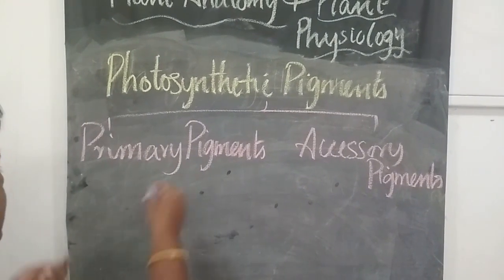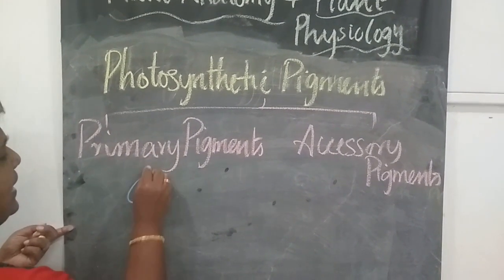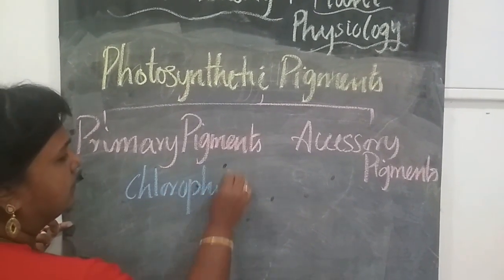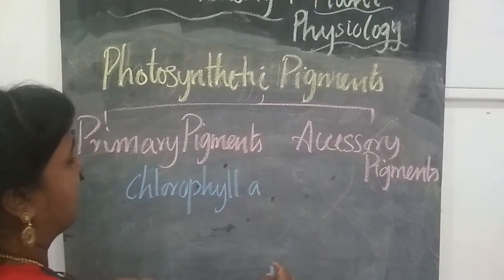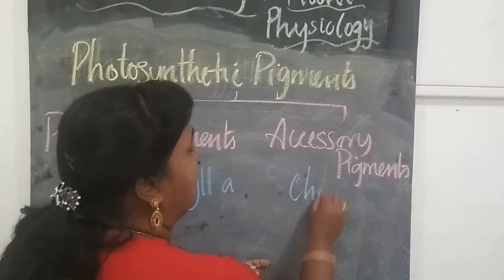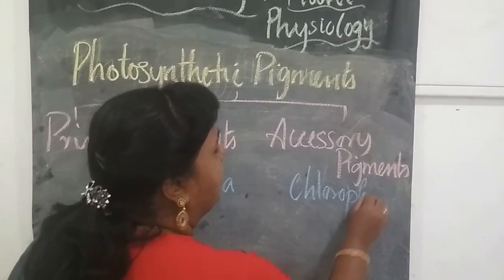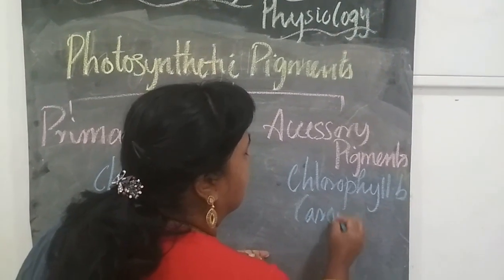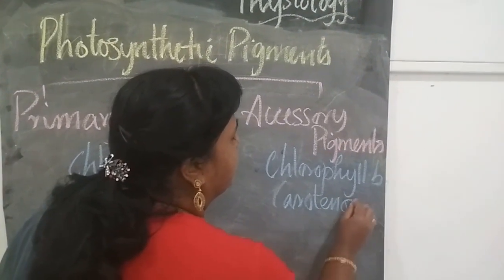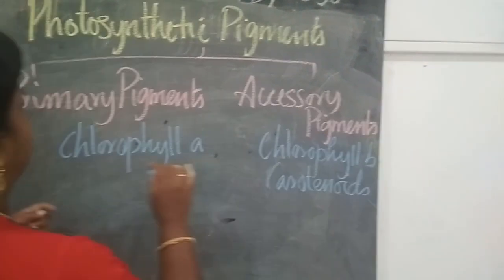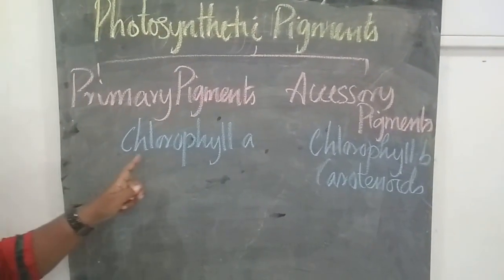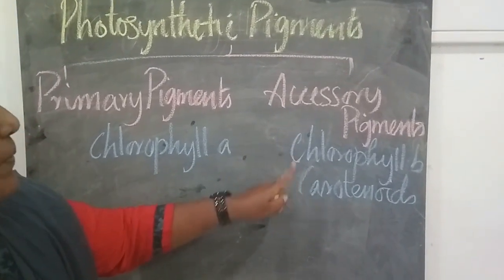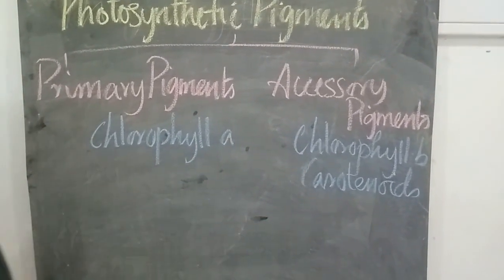Primary pigments, example, chlorophyll A. Accessory pigments, example, chlorophyll B, carotenoids, xanthophylls.